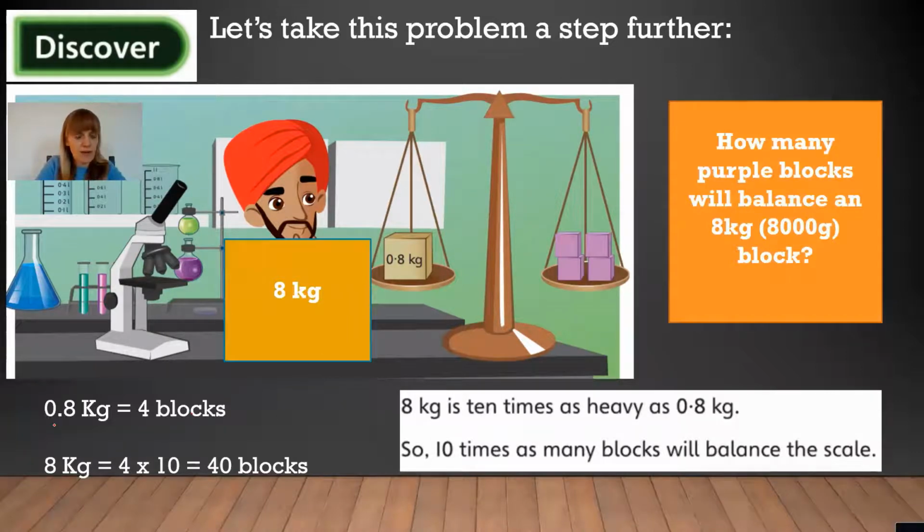If we multiply that by 10, we find out that 40 blocks will balance 8 kilograms, because 8 kilograms is 10 times larger than 0.8. Some of these calculations you need to think of in small steps: work one part out and see how you can use it to help with the next step.